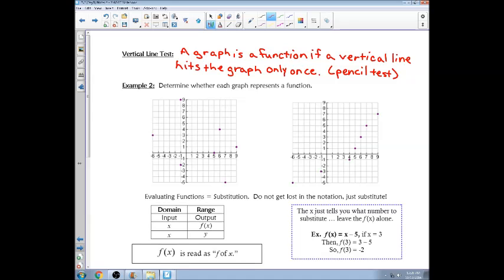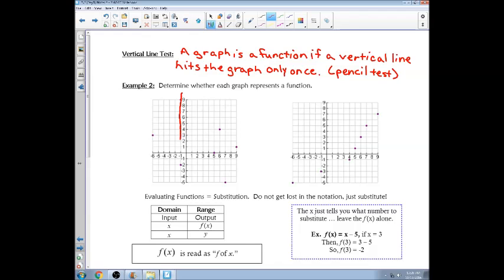All right. So what we're going to do is, I can't really show you the pencil test up here during the video because you can't see me holding my pencil. But if you hold your pencil straight up and down and put it flat on the paper and drag it across, does your pencil hit more than 1 point here? No, it doesn't. There's only 1 point there. So far so good. It is a function.